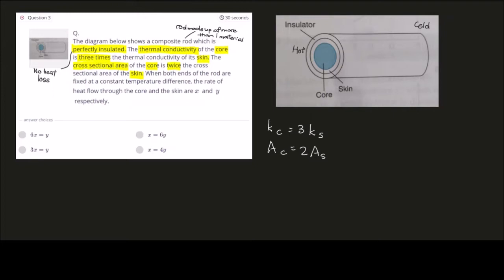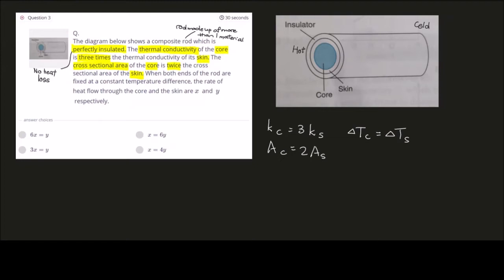So the temperature difference between the two ends will be the same for the core and the skin. So temperature difference is the same. That means delta T of the core will be the same as delta T for the skin. Okay, so with that said, what's the rate of heat flow through the core?